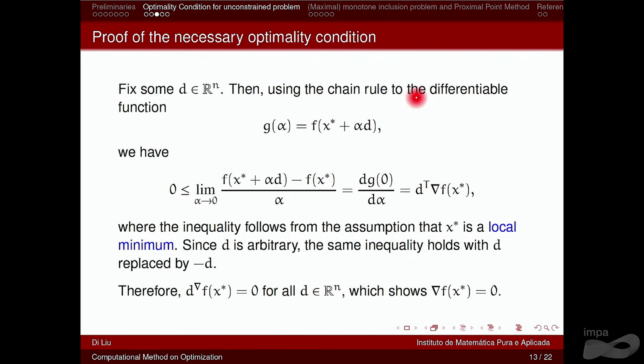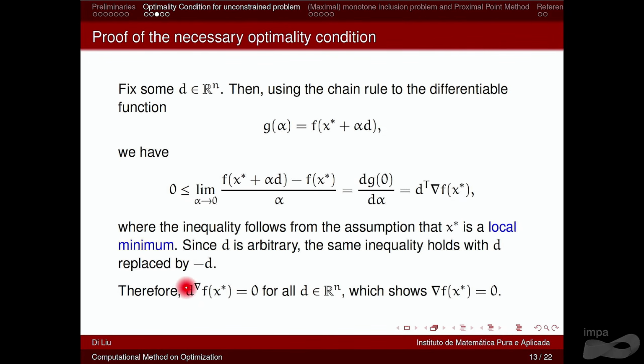And we have this inequality, which holds because x star is a local minimizer, so this is greater than or equal to 0. Then we let alpha approach 0, and we have d transpose the gradient of f at x star is greater than or equal to 0. Since d is arbitrary, the same inequality holds for minus d, so d transpose the gradient of f at x star is also smaller than or equal to 0.